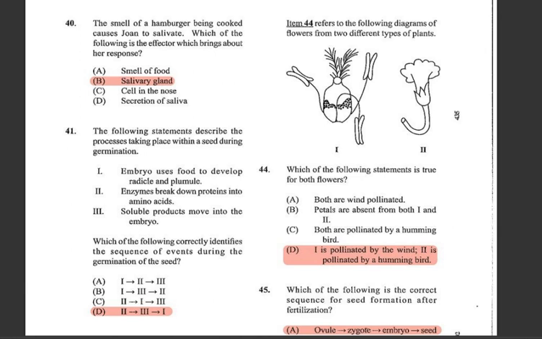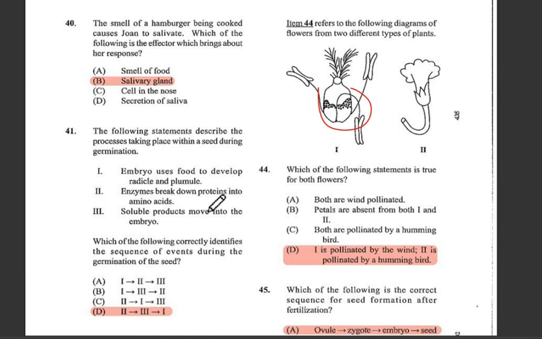But here we have D, where 1 is pollinated by the wind, as you guys can see, and 2 is pollinated by a hummingbird. Pollination by the hummingbird is where we see the bird transferring pollen into the plants.